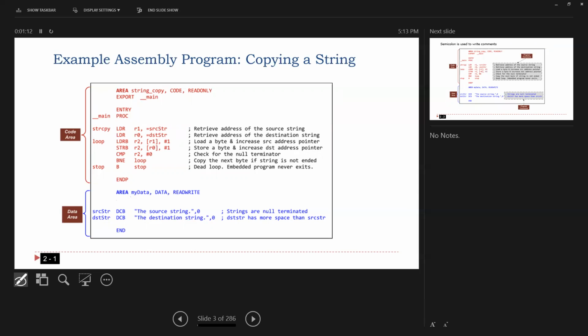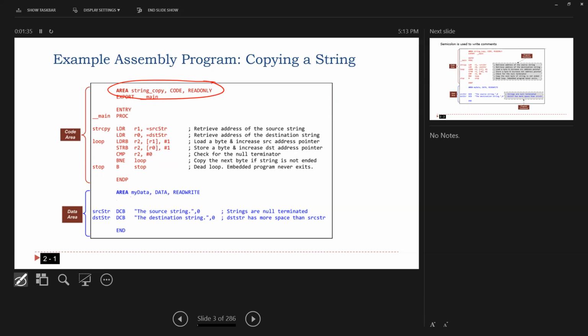As you see here, the assembly program is going to have two regions: one region for code, another region for data, any variable. First, we use the word AREA as a keyword. I'm going to give you more details for sure.